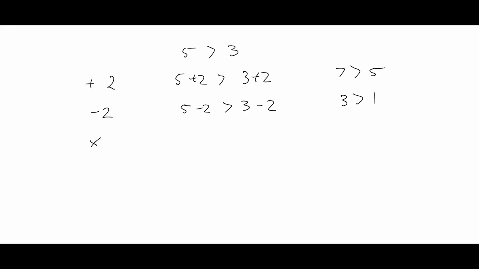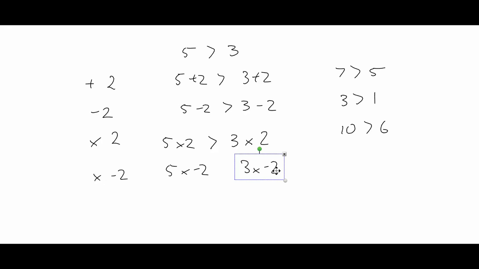If we multiply by 2, we have 5 times 2 is in fact greater than 3 times 2. 10 is greater than 6, still true. But what happens if we multiply by minus 2? We see 5 times minus 2, which is minus 10, and 3 times minus 2, which is minus 6.